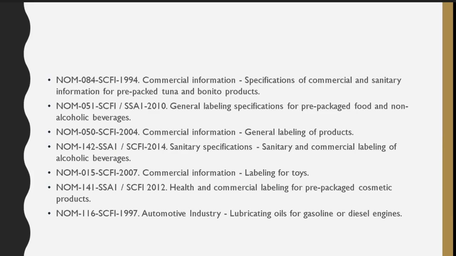There is commercial information, general specifications, and the automotive industry, which is according to lubrication, noise, and gasoline. Okay. This norm is like other norms like ISO, like ANSI, covering all aspects of consuming and gear service.